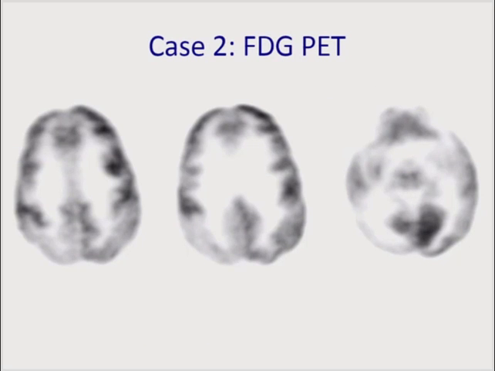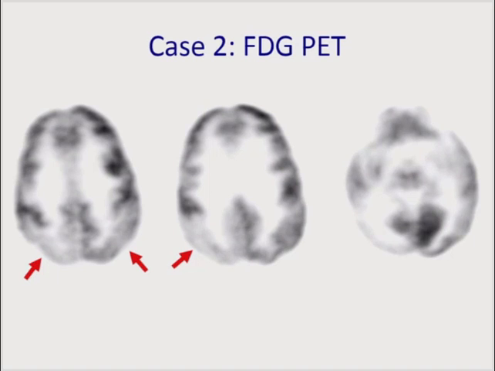Here's her FDG PET. We're seeing that there is substantial hypometabolism in lateral parietal regions, including inferior lateral parietal regions, and some in the occipital cortex. It's a little bit asymmetric in that there's more hypometabolism on the left rather than the right, so this is not in radiologic convention.